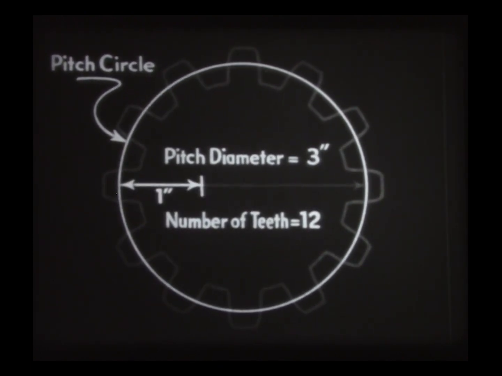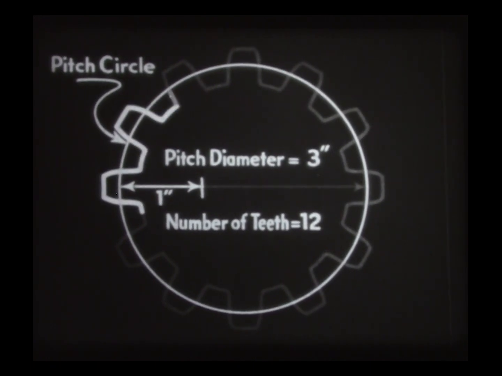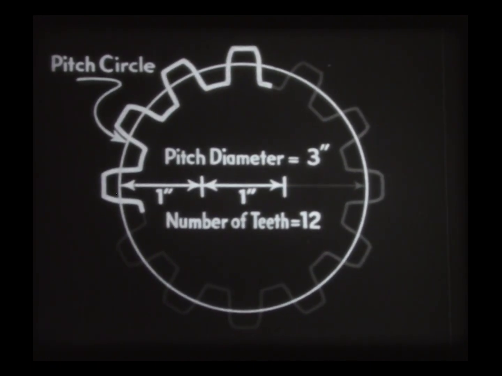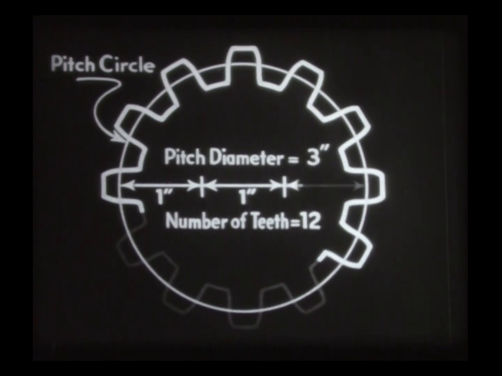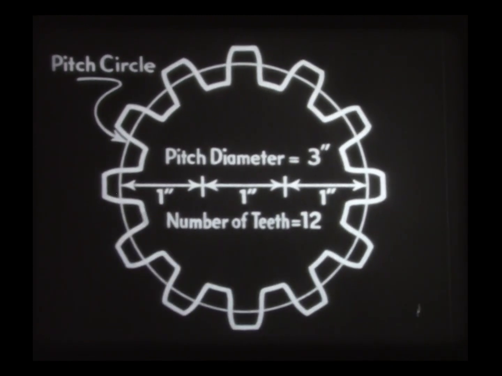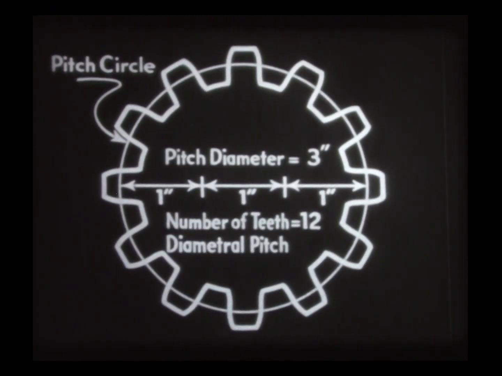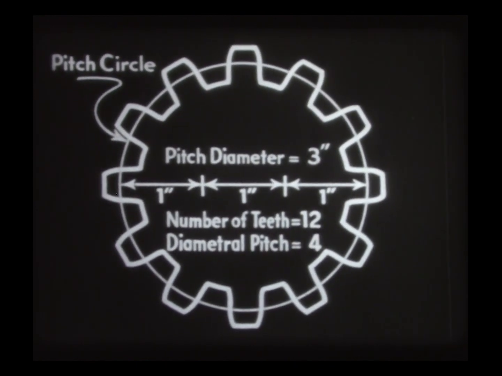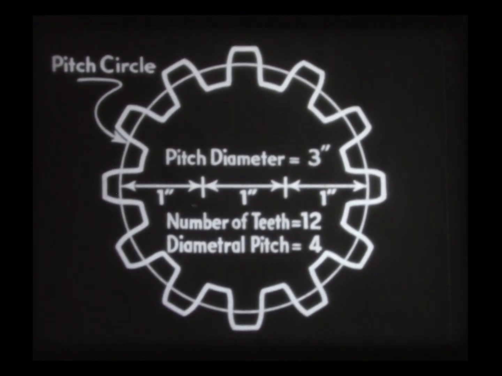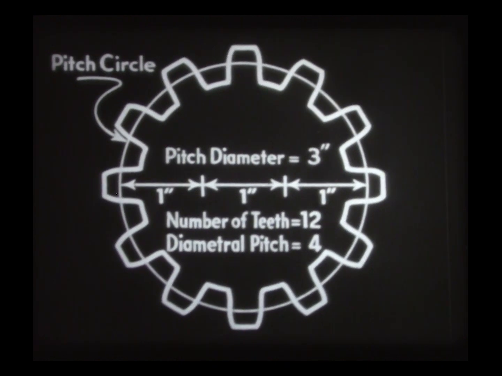For every inch of pitch diameter, there are 4 teeth. Therefore, the diametral pitch of this gear is 4, or as more commonly expressed, this is a 4-pitch gear.